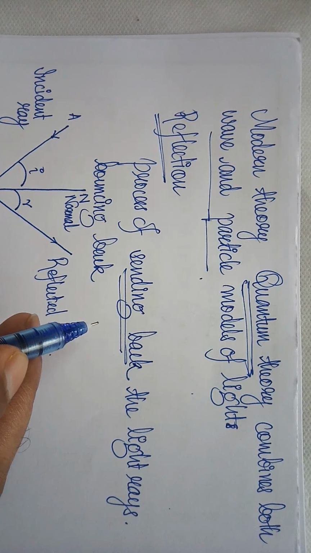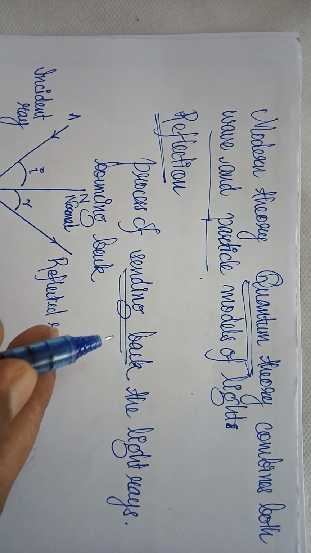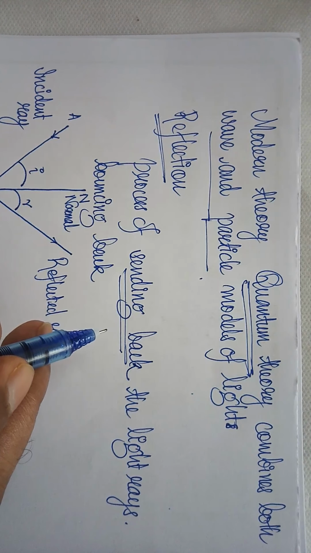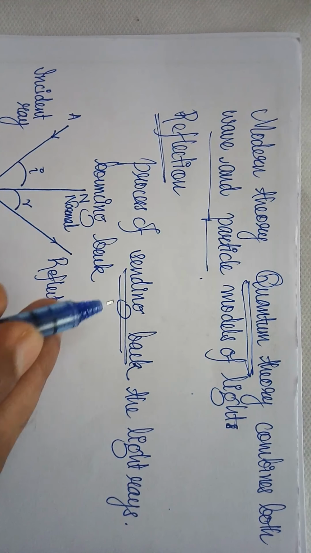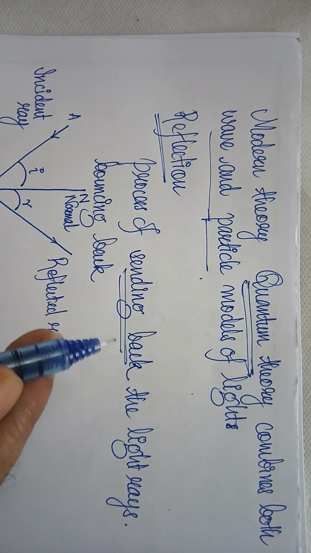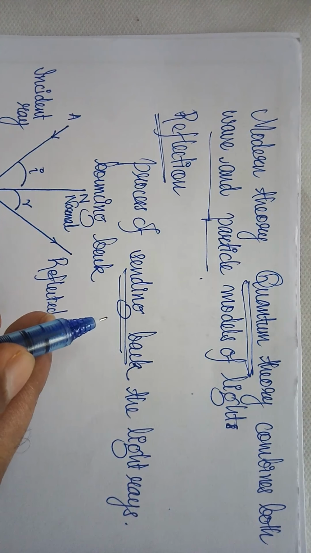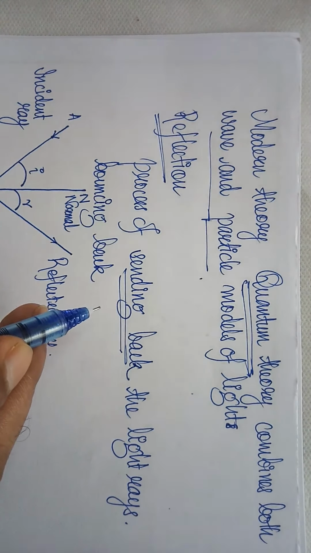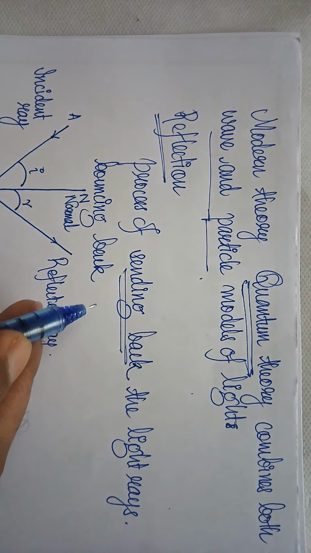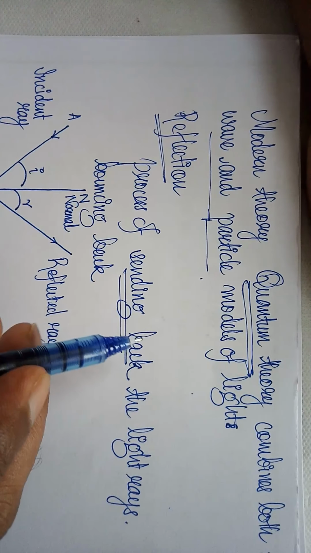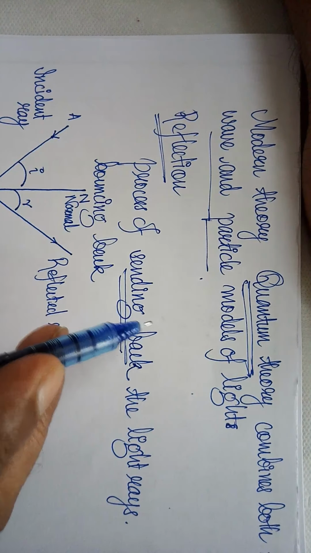An object placed in the dark cannot be seen as there is no light incident on the object that gets reflected back to our eyes to make it visible. Silver metal is the best reflector of light.